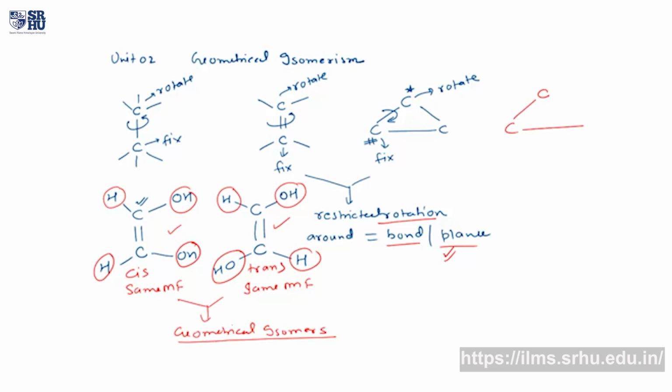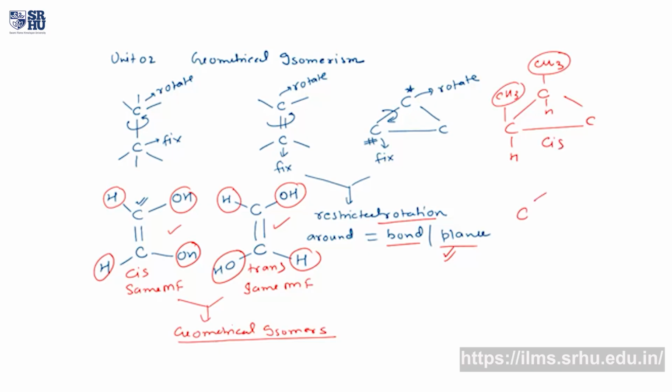In a plane, let's say this carbon is attached with a CH3 and an H, this CH3 is above the plane and this H is below the plane. Now if there is another CH3 above and H below the plane, these two CH3 are on the same side of the plane and hence they will be termed cis.